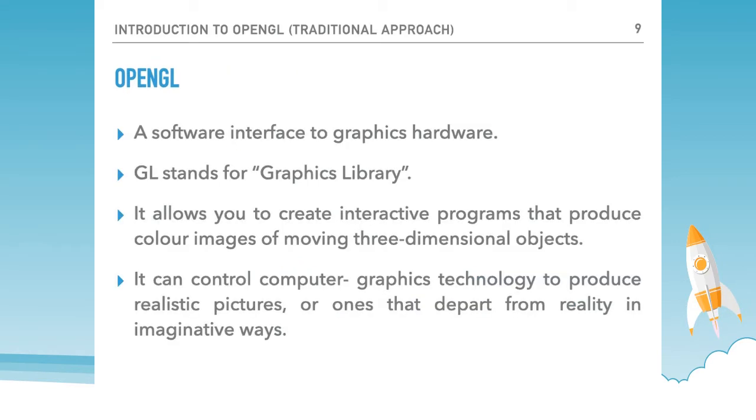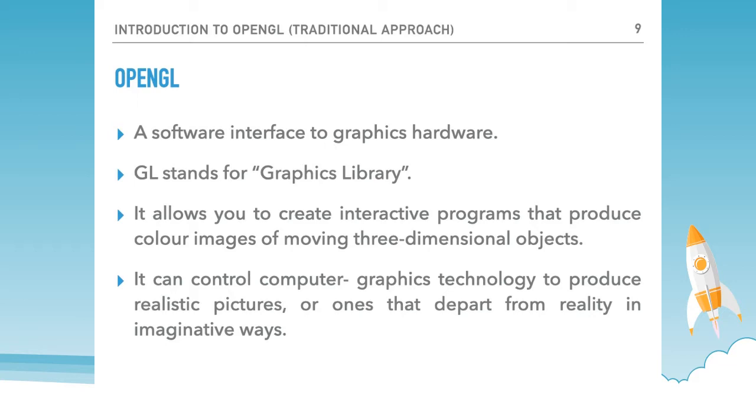What is OpenGL? Well, OpenGL is a software interface to graphics hardware. Now, GL stands for Graphics Library. It allows you to create interactive programs that produce color images of moving three-dimensional objects.